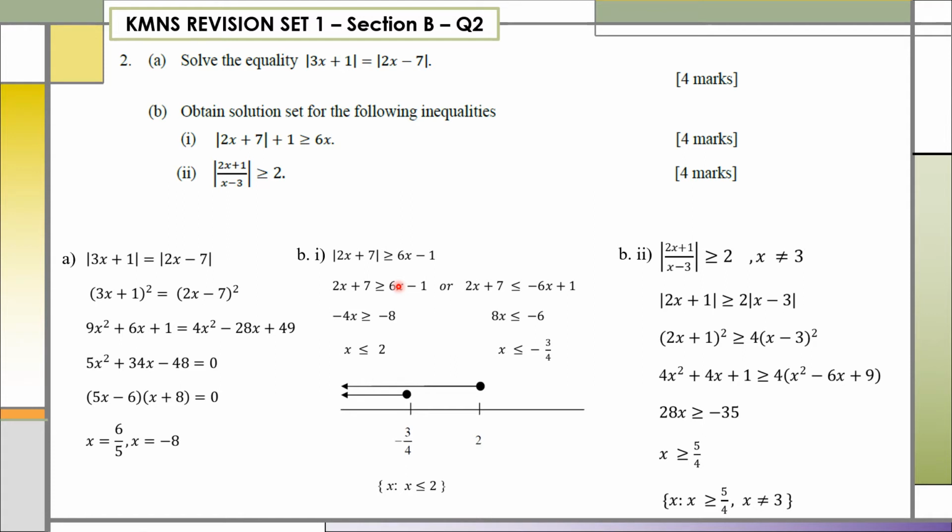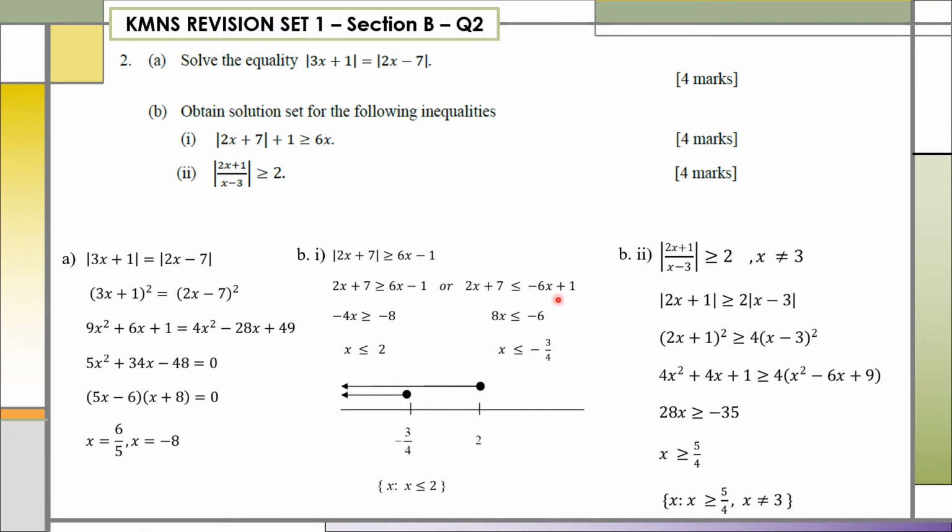Okay, next one is question 2b1, where this is an absolute values inequality. So when we deal with inequality, we have to define what the inequality is here. So we have two cases: 2x plus 7 more than or equals to 6x minus 1, or 2x plus 7 less than negative 6x plus 1.